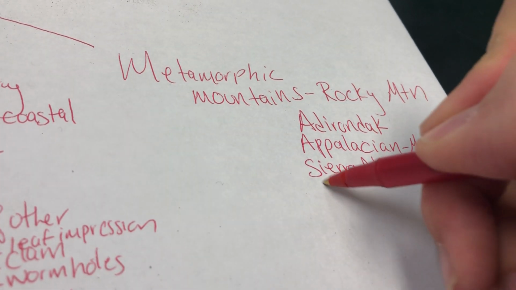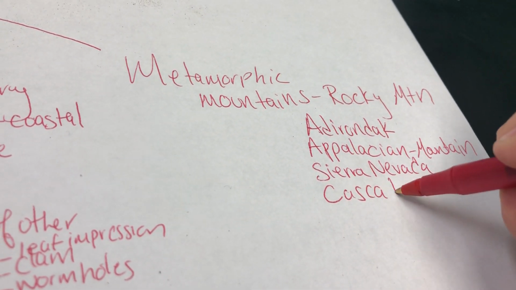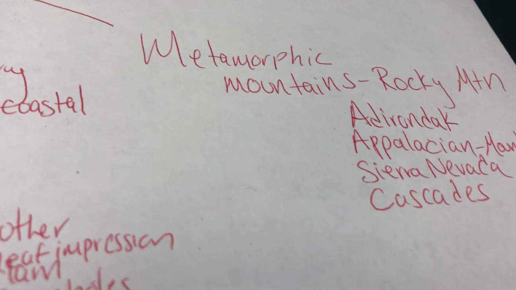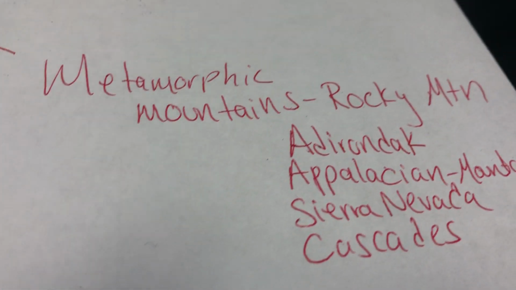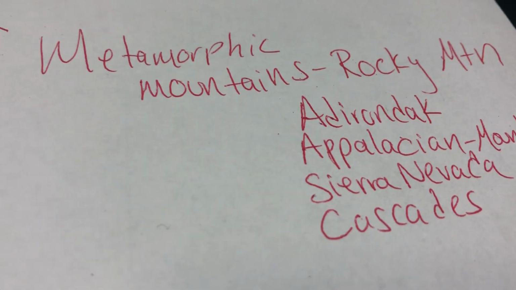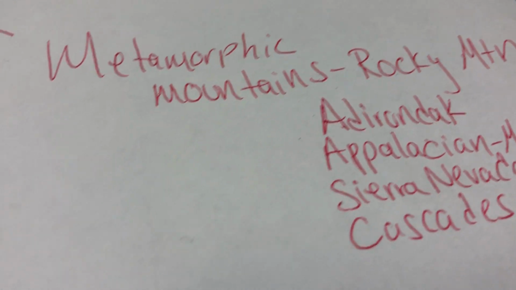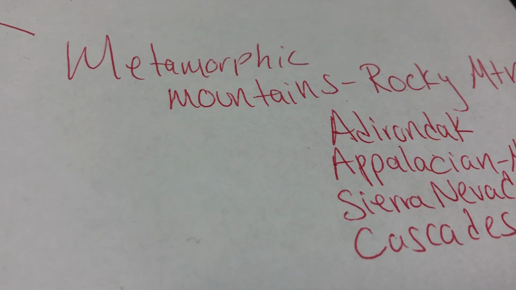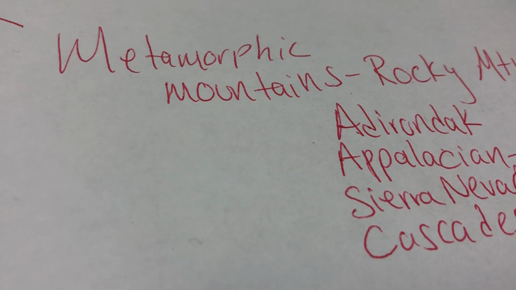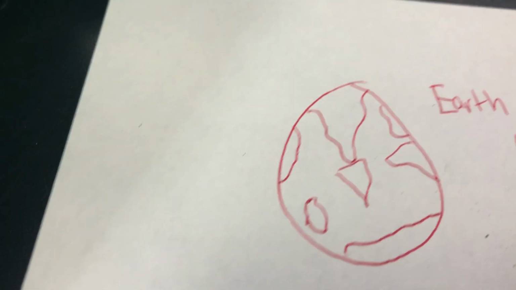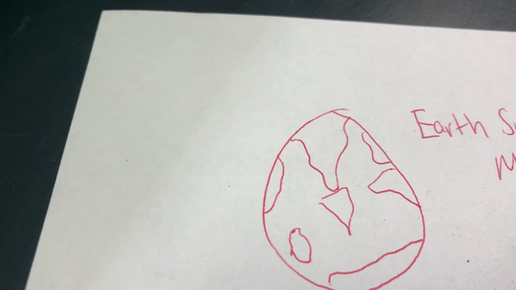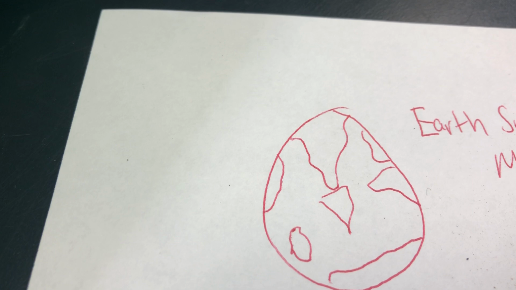In Oregon, the Cascades. Now, any type of mountains means that there was some sort of colliding of plates, colliding of Earth's surface, right? Because that's how we got all these land masses, is there was collisions of plates.